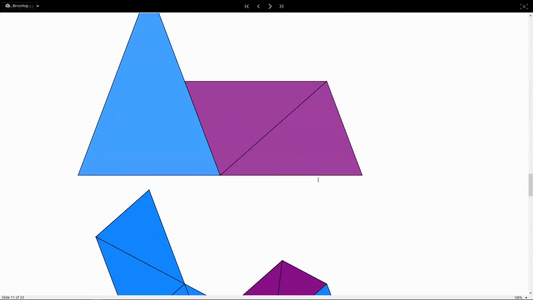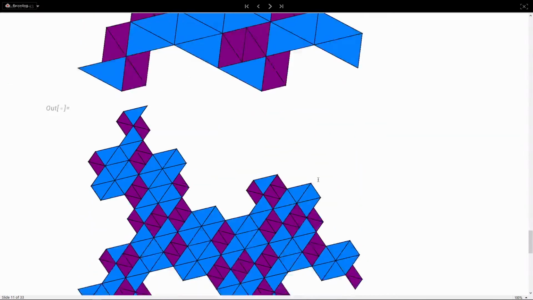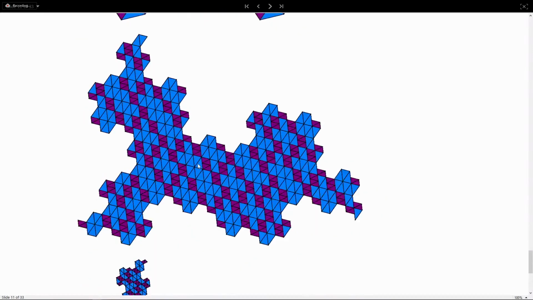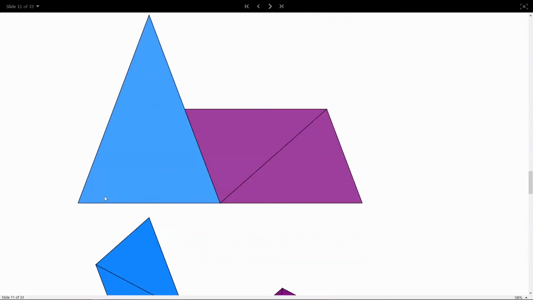And then I found this next one. These individual triangles here, this is basically the 1, 2, 2 triangle. And this is a 1, 1, 1/2 triangle. Well, it turns out that if you add a line here, you get a 4, 4, 2 triangle.